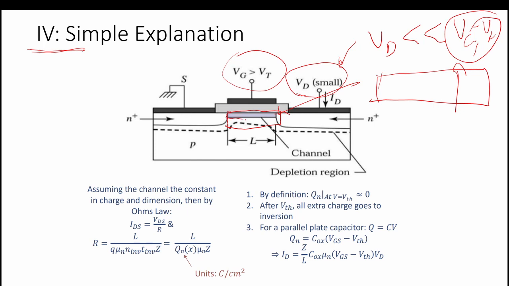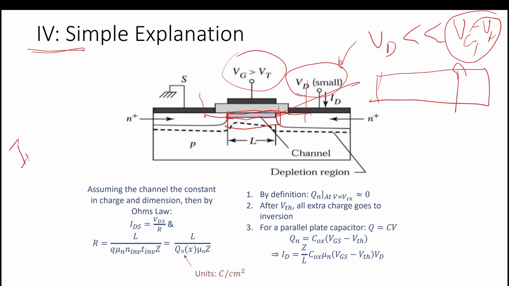So this is approximately rectangular. Now this can be assumed as a wire or a sheet, because this is a very thin sheet of charges. We can assume this as a good conductor, so we can apply Ohm's law here.